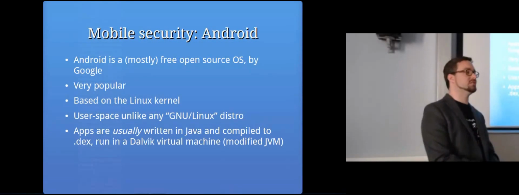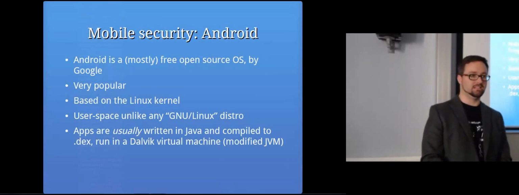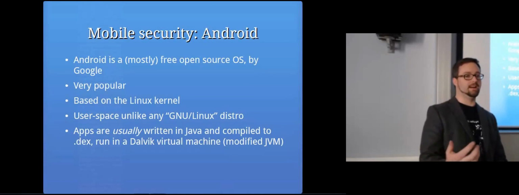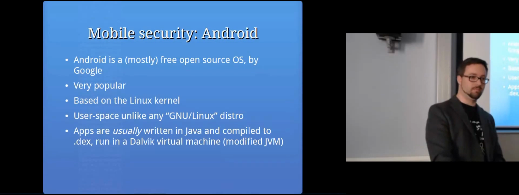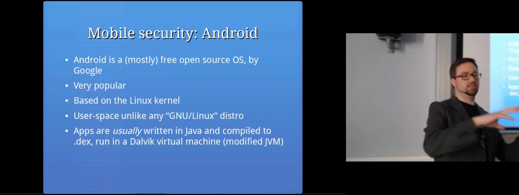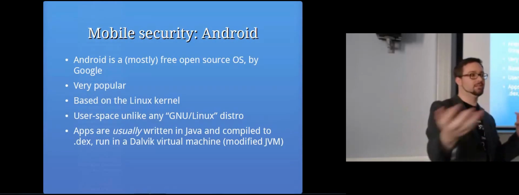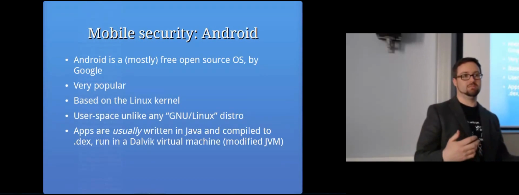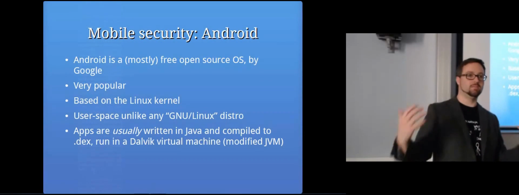But everything else on the system is nothing like a Linux system that you know of. The GNU Linux distro is made up of the Linux kernel and all the GNU software and all the other software that's been developed by the free and open source software community.